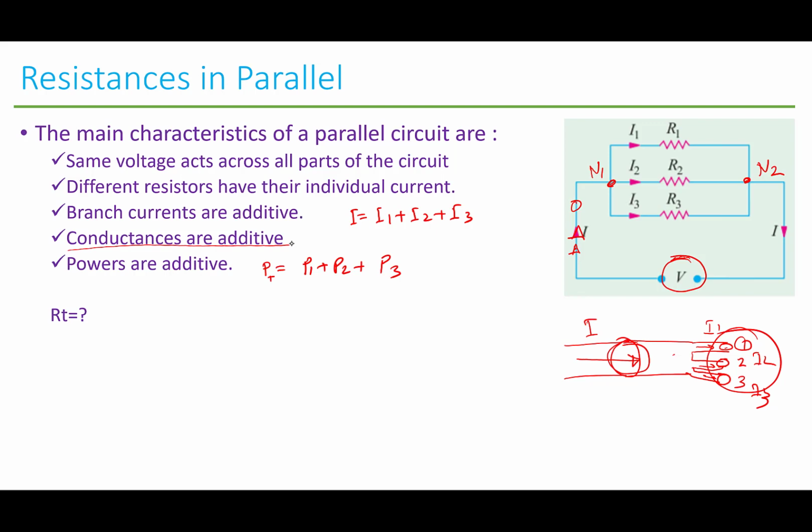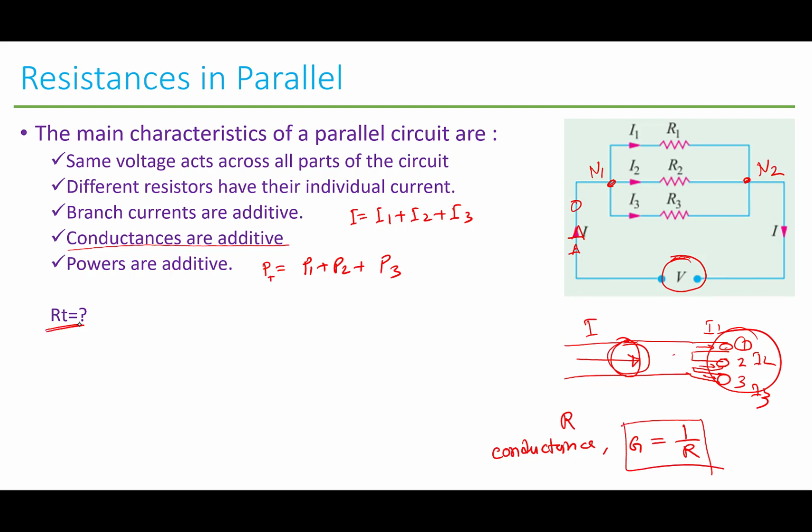I forgot to say one thing: if R is resistance, then conductance, which we refer to as G, is the inverse of the resistance. So this is called conductance.